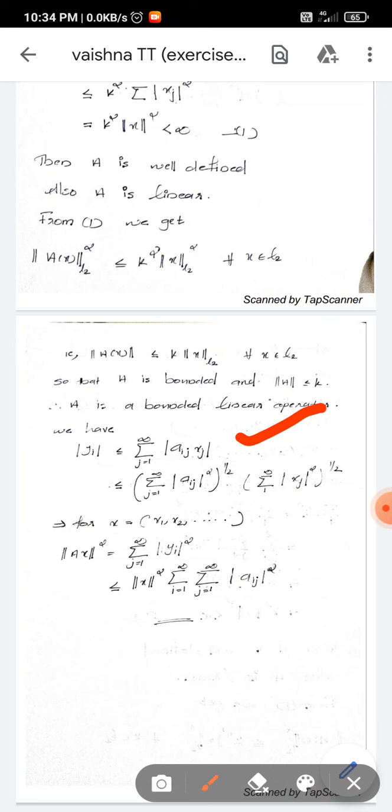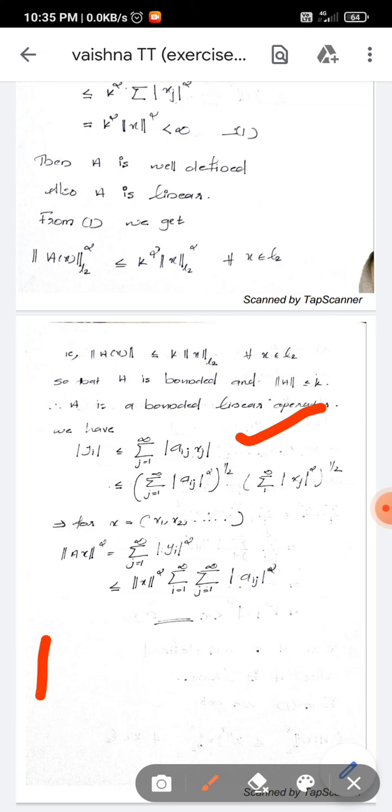For x equal to the sequence x1, x2, etc., norm Ax squared is equal to the sum of the absolute value of yi squared, which is less than or equal to norm x squared times the sum over i, sum over j, absolute value Aij squared.